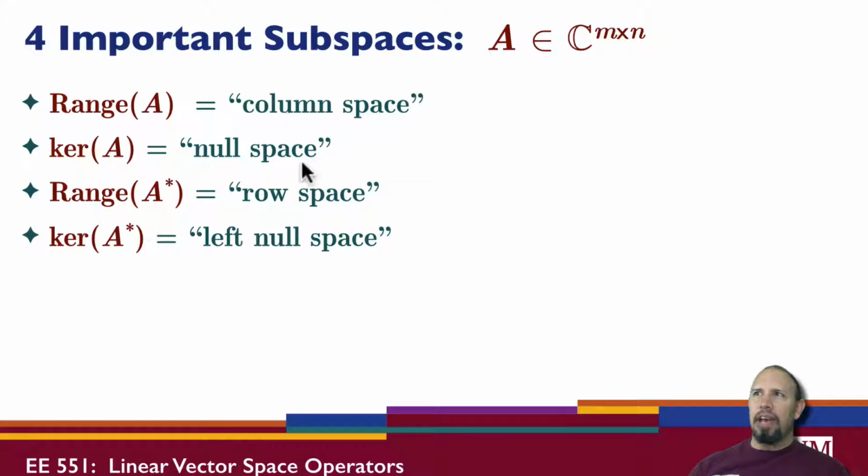The range of A adjoint, or A complex conjugate transpose, is sometimes referred to as the row space, the set of independent rows. And the kernel of A adjoint is often referred to as the left null space. For the right null space, I have A times x, multiplying on the right and getting 0. Here, it's like multiplying on the left and getting 0, so it's referred to as the left null space.